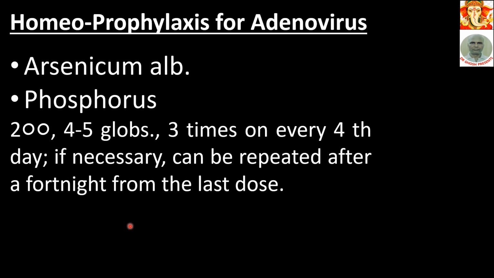Now, what will we give? Arsenic or phosphorus? Though anyone will do, you can set some distinguishing feature, such as the arsenic patient is a very perfectionist patient. They complete a job nicely and perfectly.